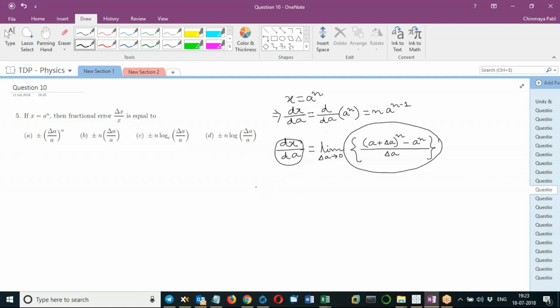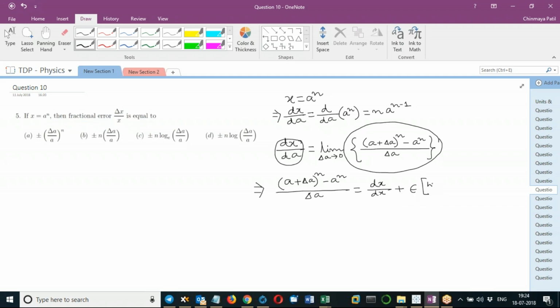So we can write something like this: A plus delta A power n minus A power n divided by delta A is nothing but dx/dA plus a very small quantity called epsilon.